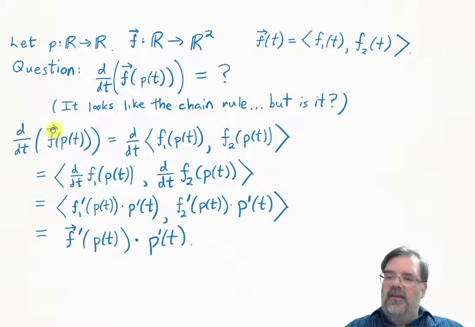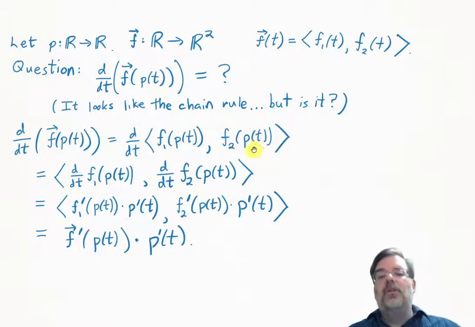In this case, if we have vector f of p of t, first let's write out the definition of vector f. We can write that as the vector function f1 in the first component, f2 in the second component. But instead of f1 of t, we have f1 of p of t. Same thing for the next component, that's f2 of p of t.